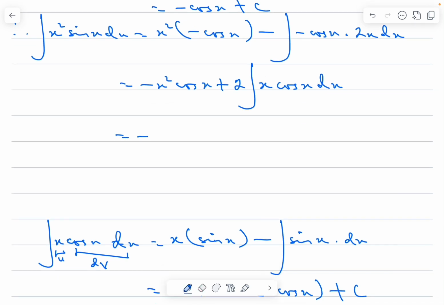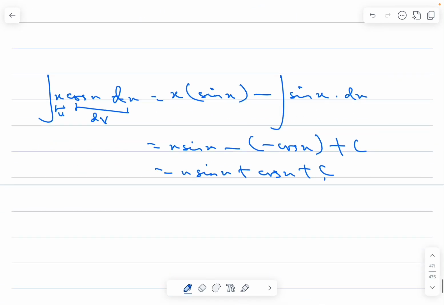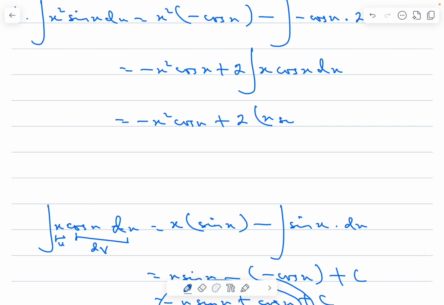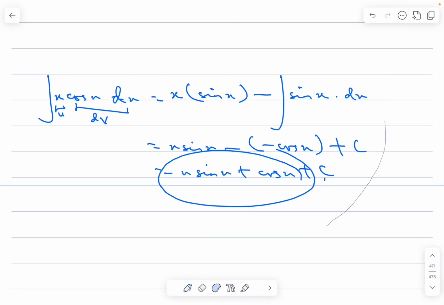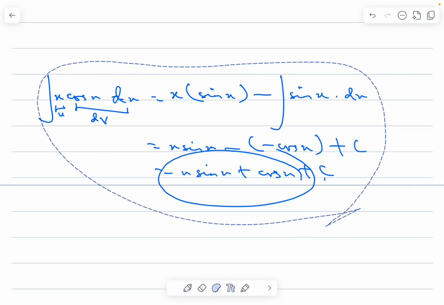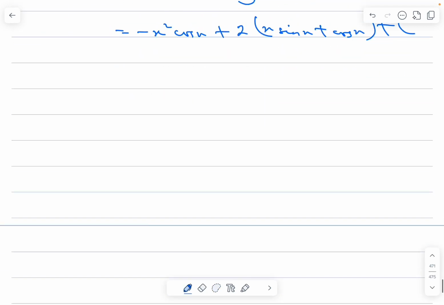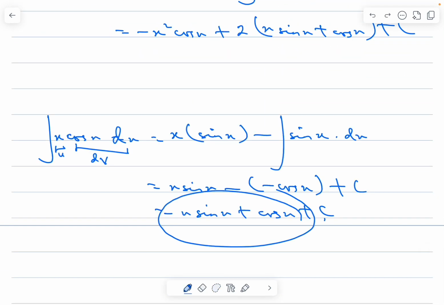So this simply means minus x squared cos x plus 2 into brackets x sine x plus cos x, and you put just one c. Let's check that again. I have the integral here. That's correct.